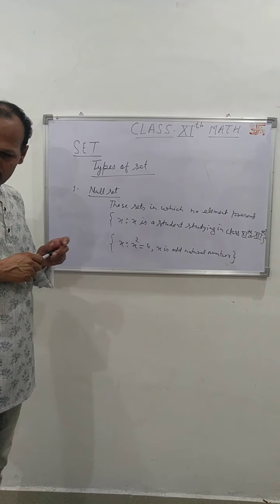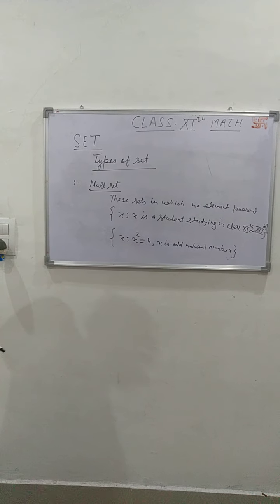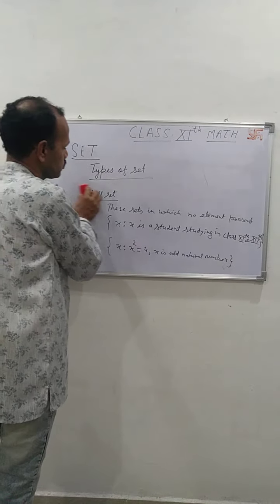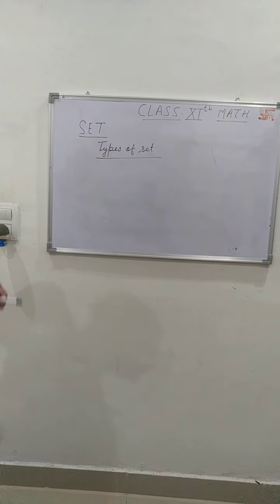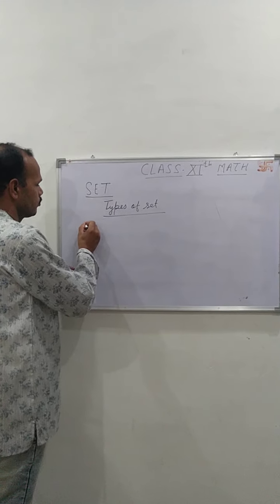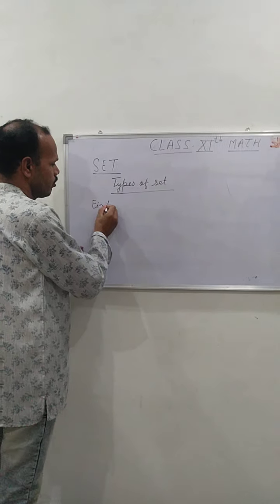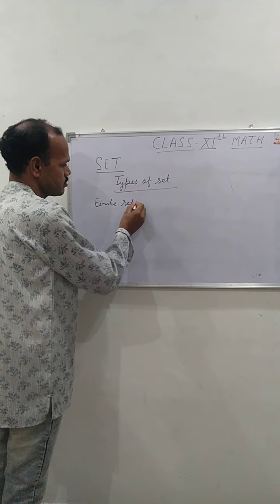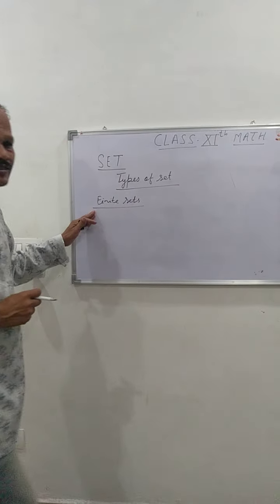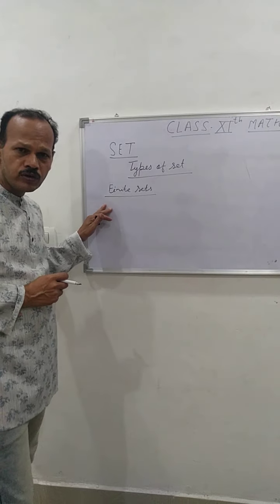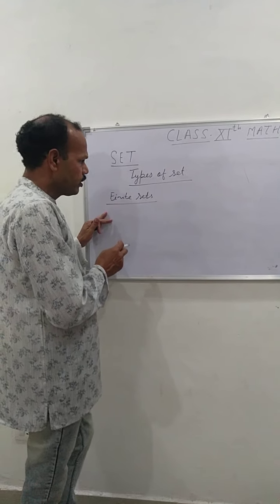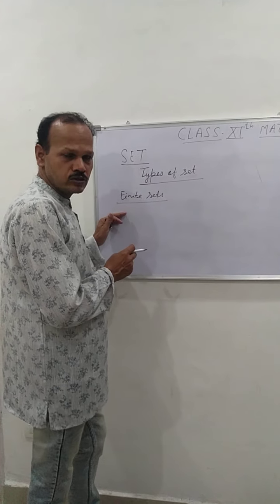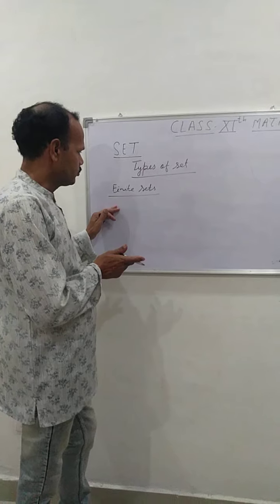Second type of set is finite set. Basically, finite sets are those sets which are countable and can be represented by using set roster form or set builder form.